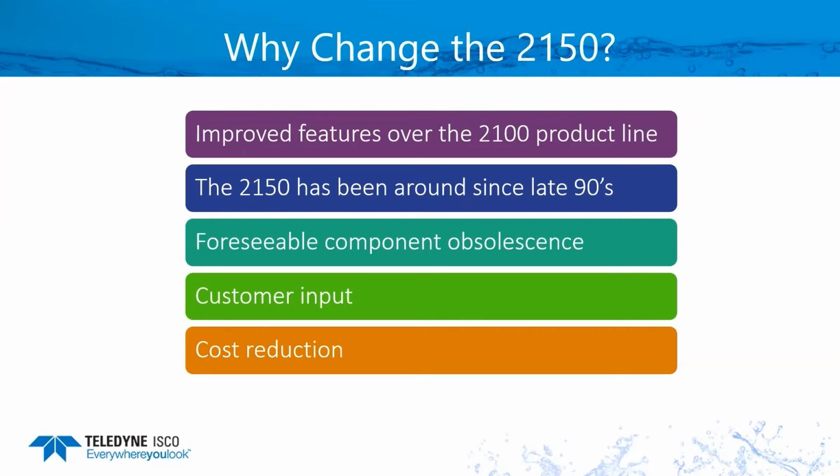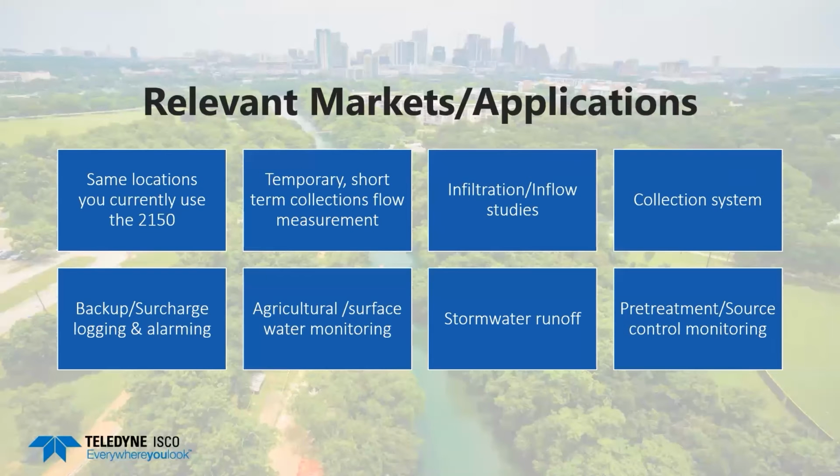And then we also looked at ways that we could reduce cost in the product. And not only would that reduce cost for us, but primarily for you. And so we'll talk about that. Daryl will speak a little bit to that as well. And looking at how we can reduce some of the overhead that we had with maybe additional plastic and stuff like that in the 2100 series line, that would in turn make a better product for less cost.